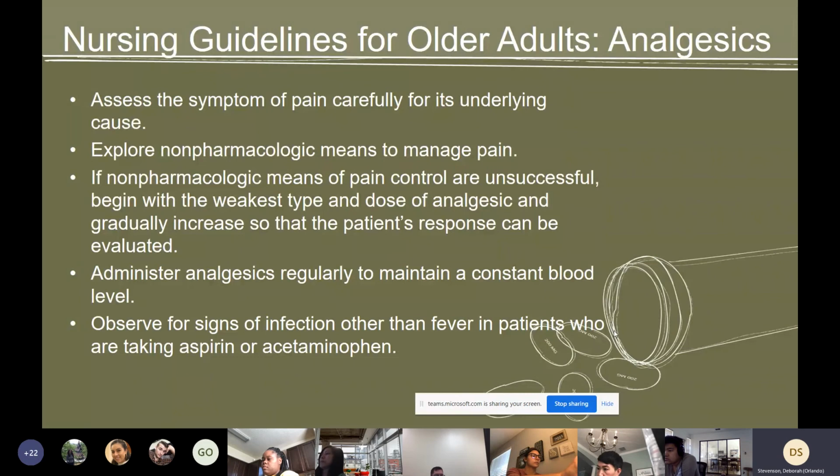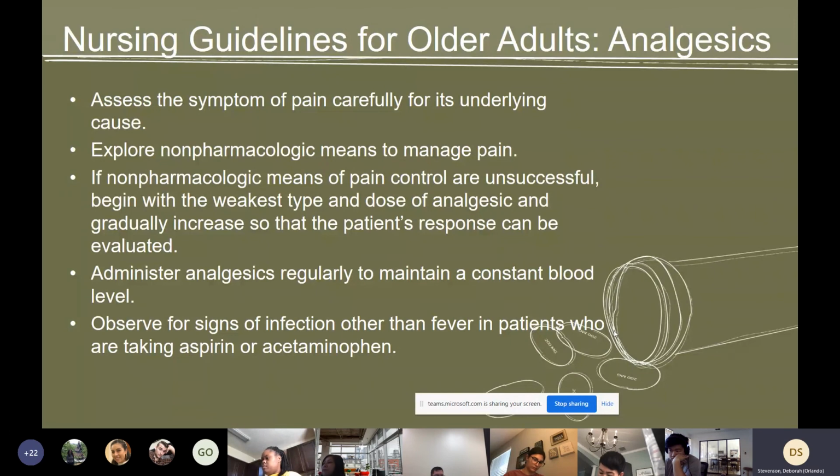And again, weakest amount and the smallest dose, and gradually increase it as needed for our older patients. Remember, their liver doesn't function as well as it used to, and they cannot metabolize those drugs like they used to, okay? We also know that for analgesics, we need to maintain that blood level. And so that means we want to be sure that we are administering those as an around the clock medication, making sure that we have enough of that medication in the patient, all right?